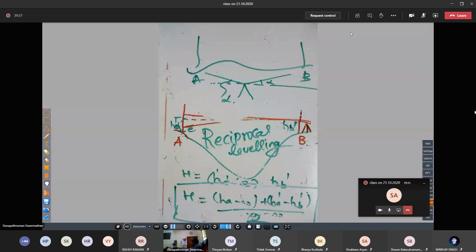I'll repeat it. I set the instrument at the benchmark. RL of the benchmark is 100.000 meter. The height of the instrument is 3 meter. And the reading observed against the staff at another point is 2 meter. Find the RL of the second point.